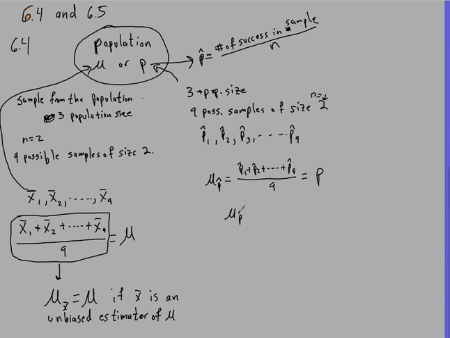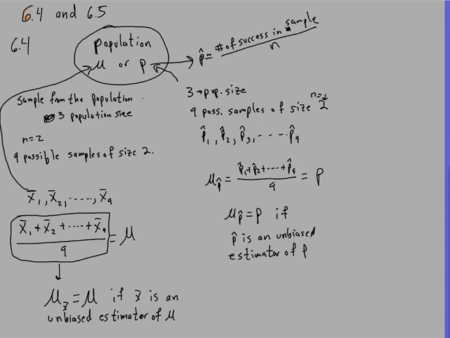That's saying mu of all the p hats is equal to p, if p hat is an unbiased estimator of p. You're going to have to practice a lot of these. You take the samples and find the proportions, and if it's a mean problem, you take the samples, find the mean, get the average of all the means, and they will be equal.